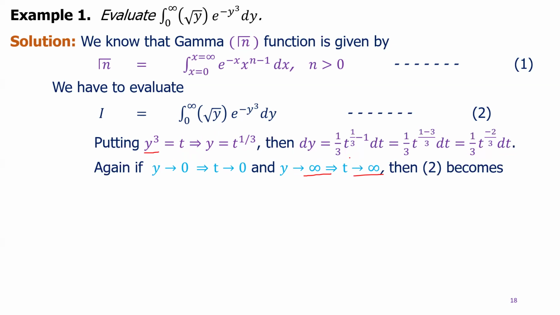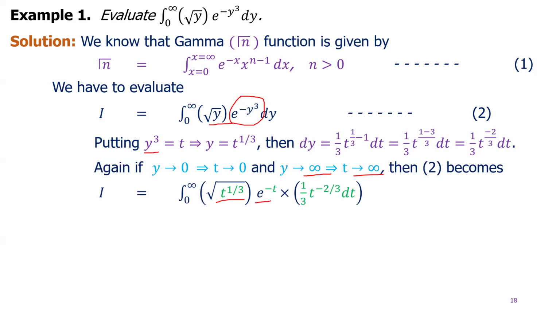If we substitute all these values in equation number 2, we have I is equal to integration under the limit 0 to infinity, root of y is equal to root of t to the power 1 by 3, and e to the power minus y cube will convert to e to the power minus t, into the value of dy. The value of dy is nothing but 1 upon 3 t to the power minus 2 by 3 dt.